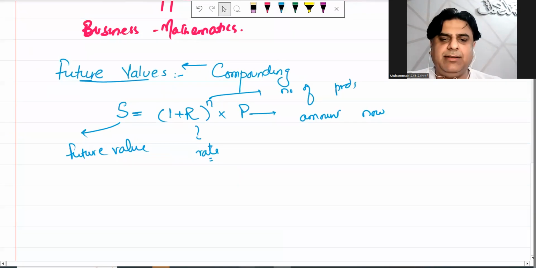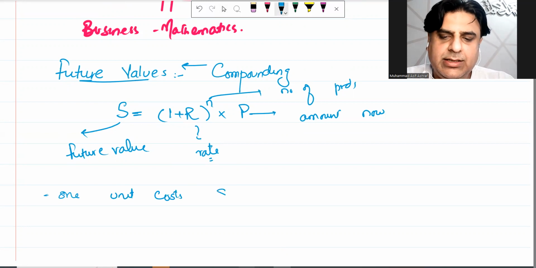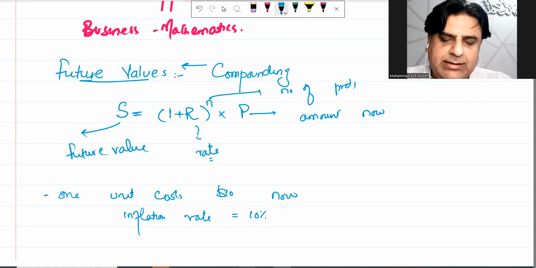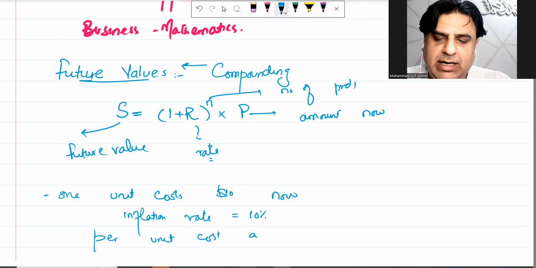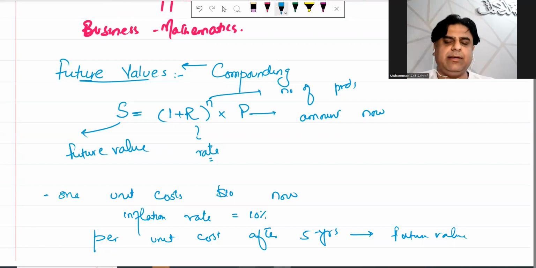So for example, if 1 unit costs $10 now, and in your country the inflation rate is 10%, what is the per unit cost after 5 years? In other words, I want to calculate its future value.